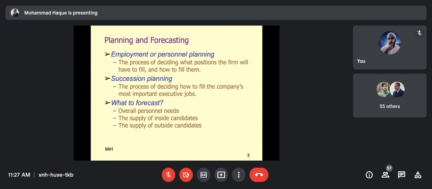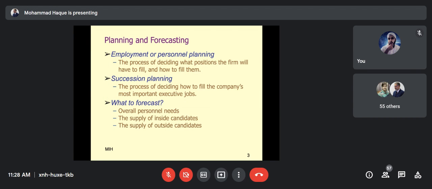What positions to fill and how to fill them. Here, we are saying how many people the organization needs, and how many people they need to hire. So that is basically saying that these two things have to be done.